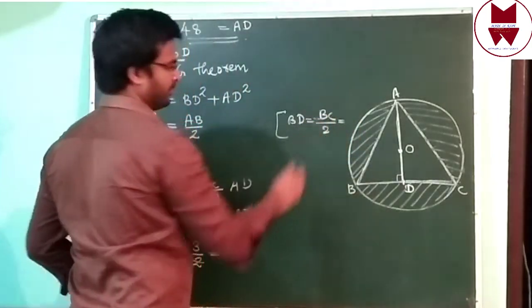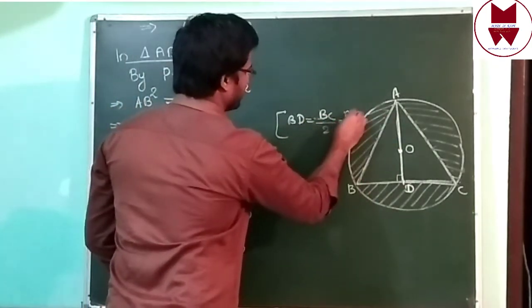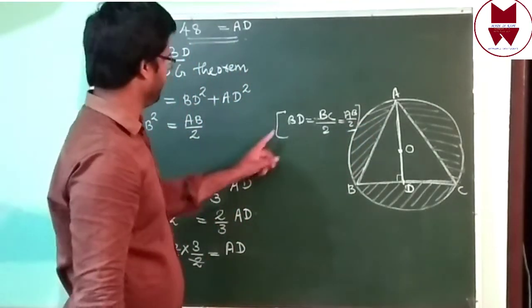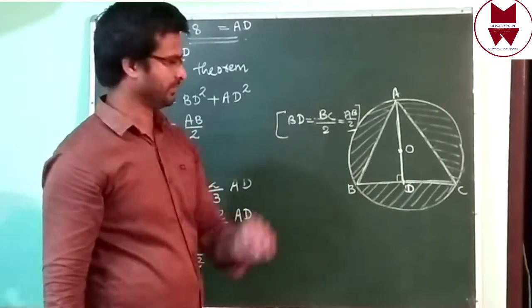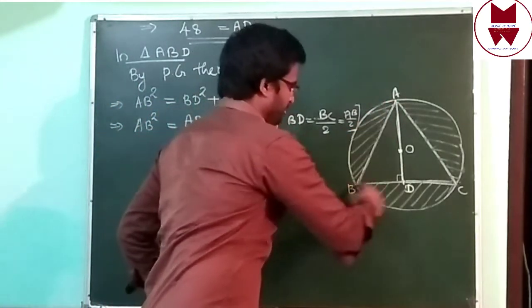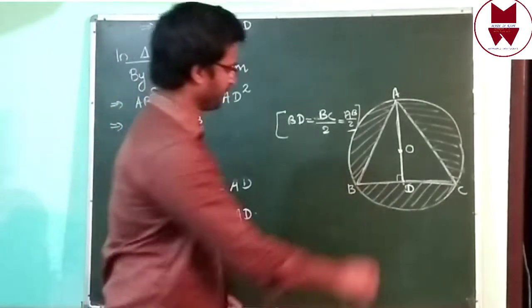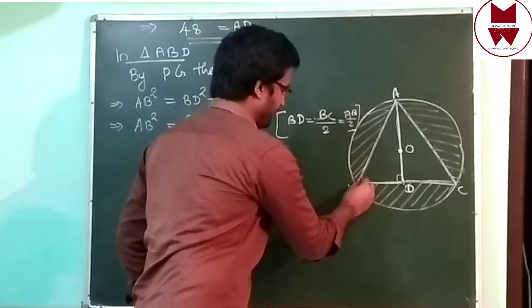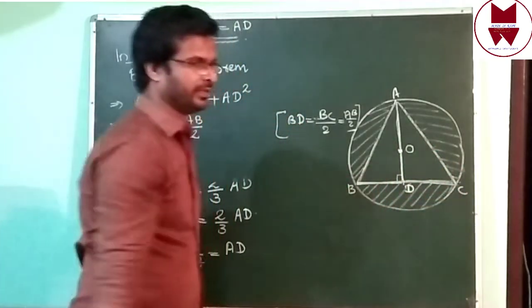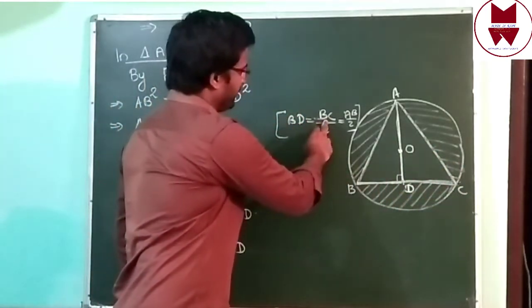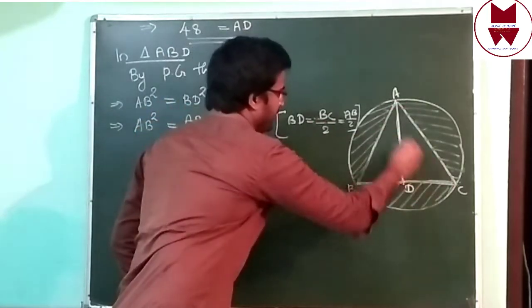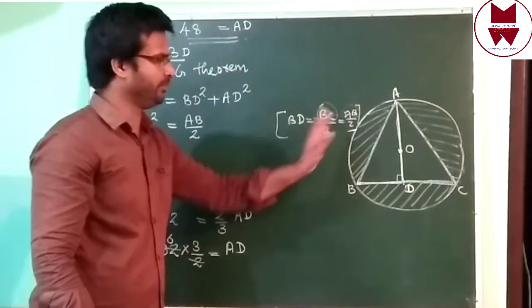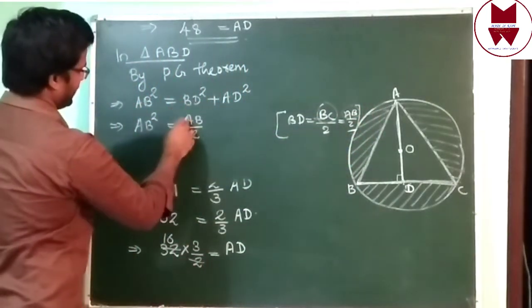Then BC and AB are equal, so in the place of BC we can write AB. That means BD is AB divided by 2. Keep in mind AB, BC, AC are all equal.